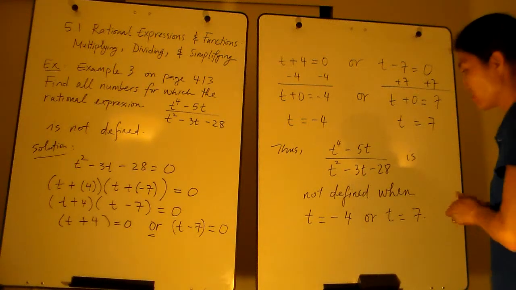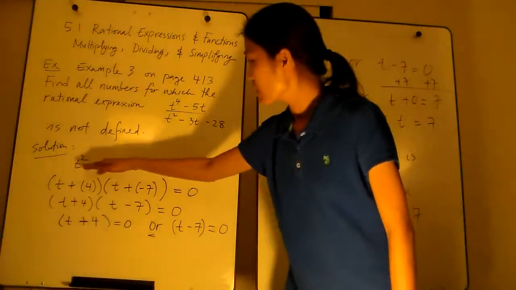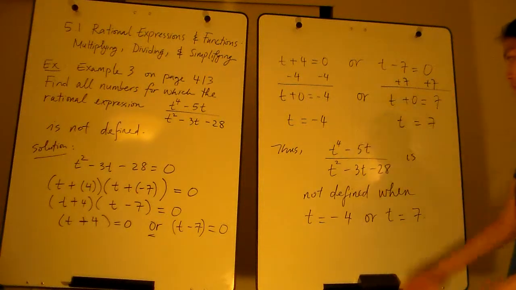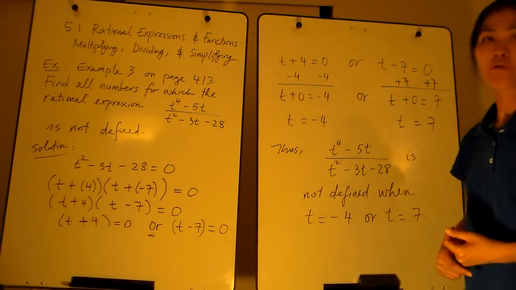Okay, either one of these two values will make this denominator equal to 0. And this is how you solve it, and this is the answer for this example 3 on page 413.